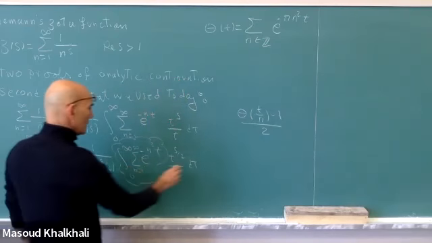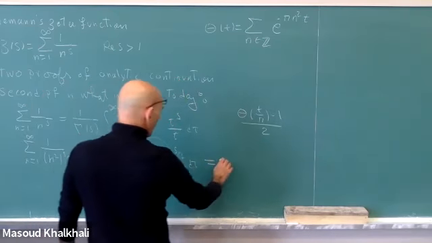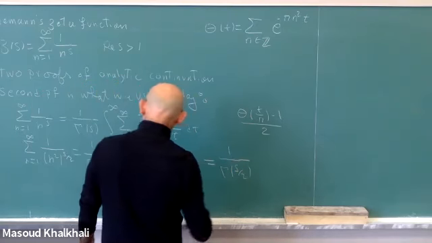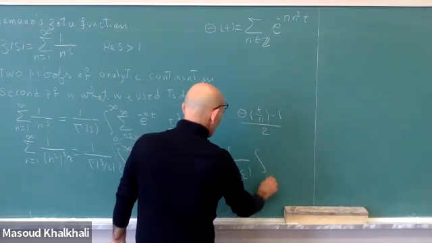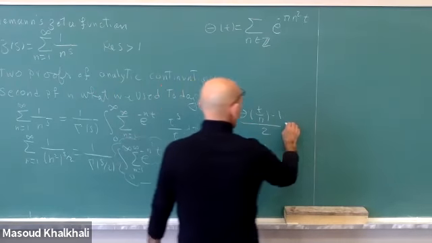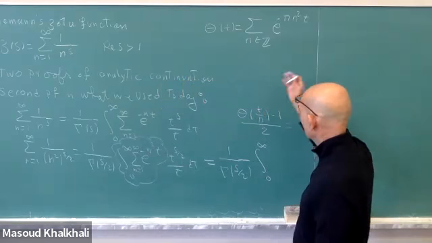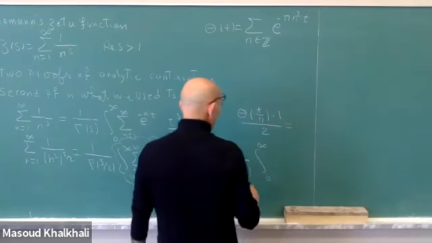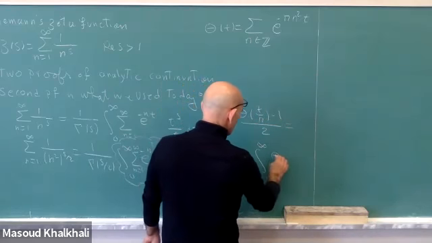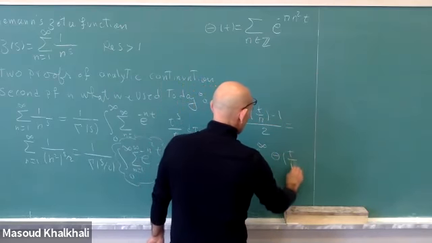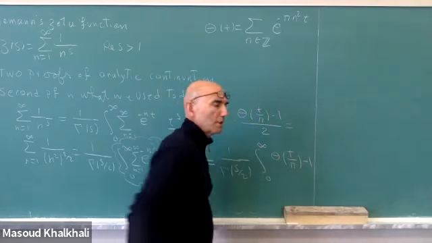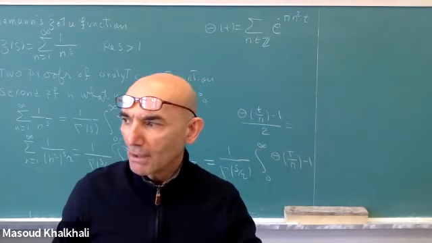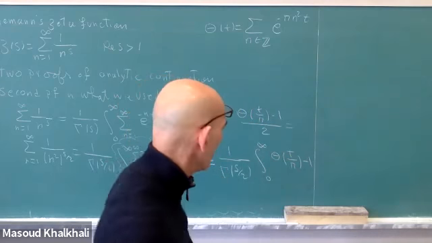So this is equal to 1 over gamma of s over 2, the integral from 0 to infinity. Let's call this function... I don't want to give a name to things that are so sacred, almost like a religious sacrament.